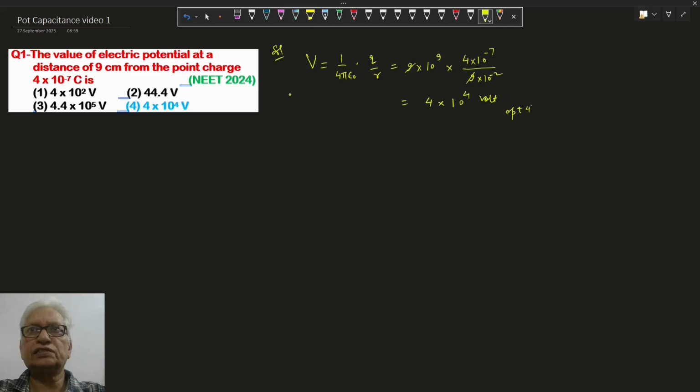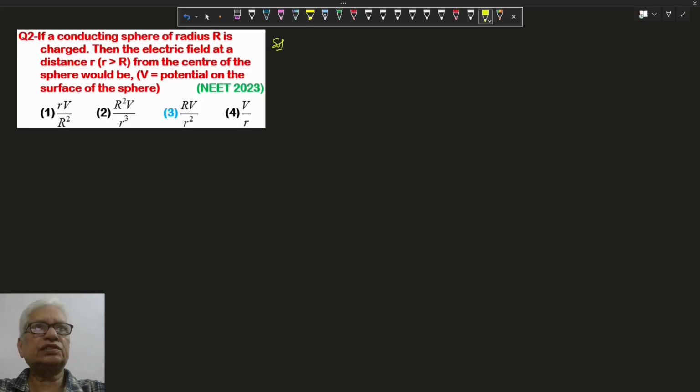4 is correct. In this question, a conducting sphere of radius r is charged, then the electrical field at a distance of r is more than this. Means here we talk about outside, that this is the radius of the sphere having charge suppose q, at a distance from the center r which is greater than r, means outside.